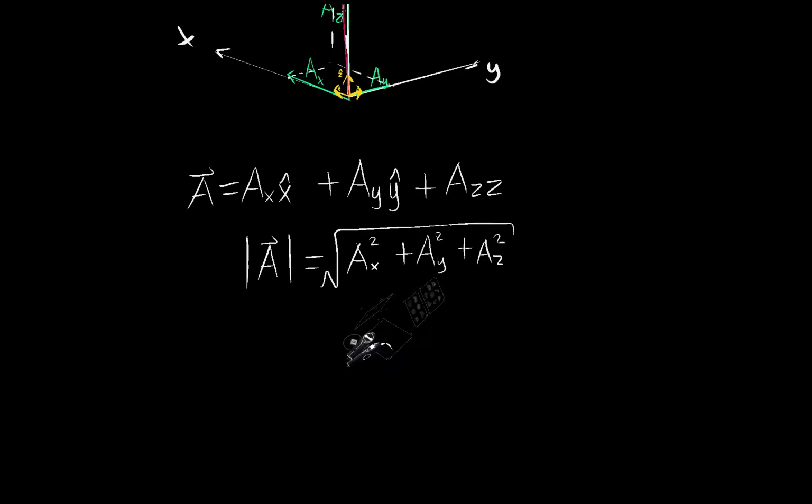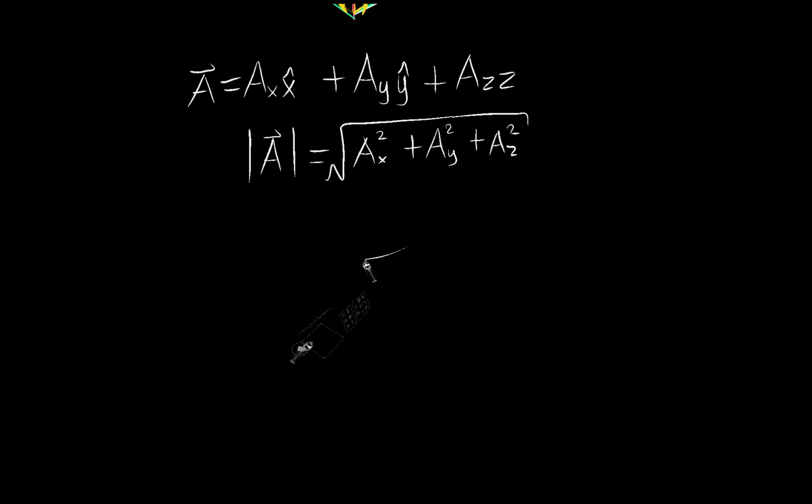So let's do an example real quick. Let's say that we have a vector A, and A is equal to 2x hat minus 4y hat plus 3z hat.